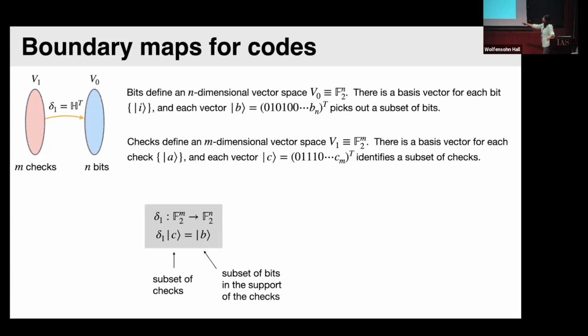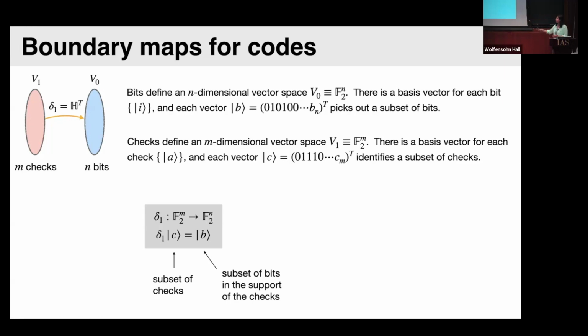Okay. Now this map delta 1, which takes me from checks to bits, is actually the transpose of this parity check matrix that we talked about. What this map is doing is it acts on this m-dimensional vector space, because it's taking me from checks and produces a vector in an n-dimensional vector space.